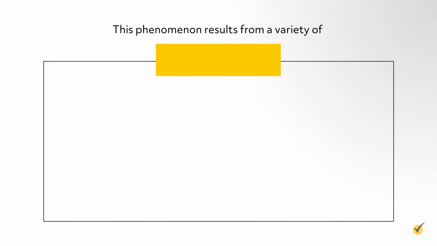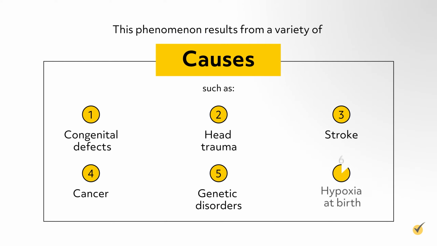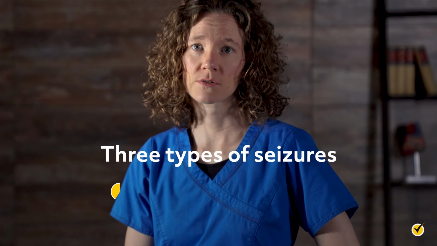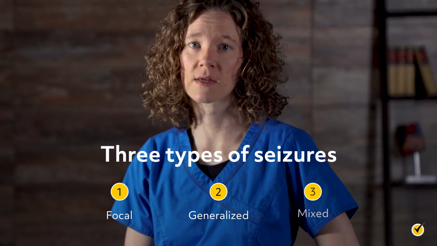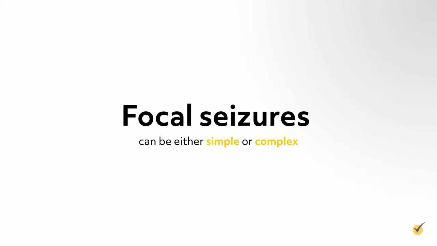This phenomenon results from a variety of causes such as congenital defects, head trauma, stroke, cancer, genetic disorders, or hypoxia at birth. There are generally three types of seizures: focal, generalized, and mixed. Focal seizures can be either simple or complex.